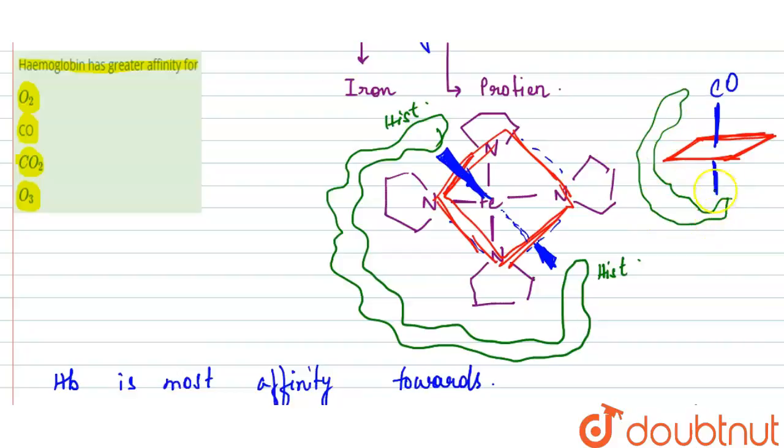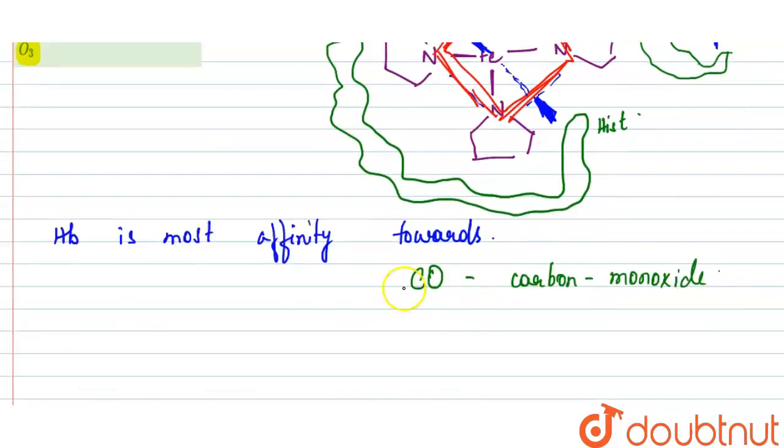So the steric hindrance is minimum in case of carbon monoxide. So it has much higher affinity towards carbon monoxide.